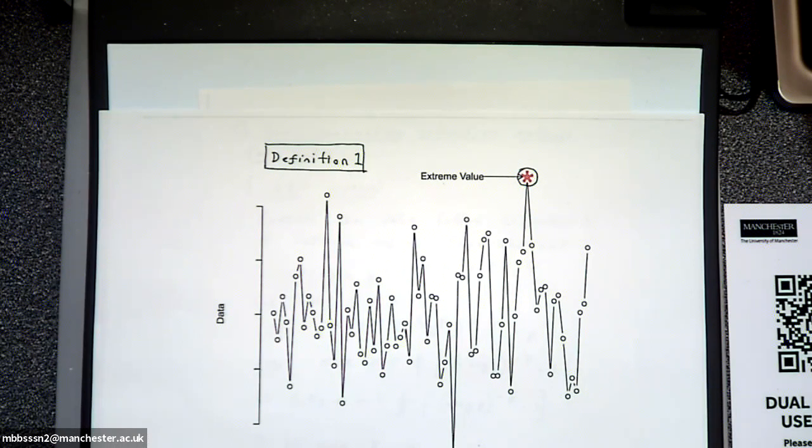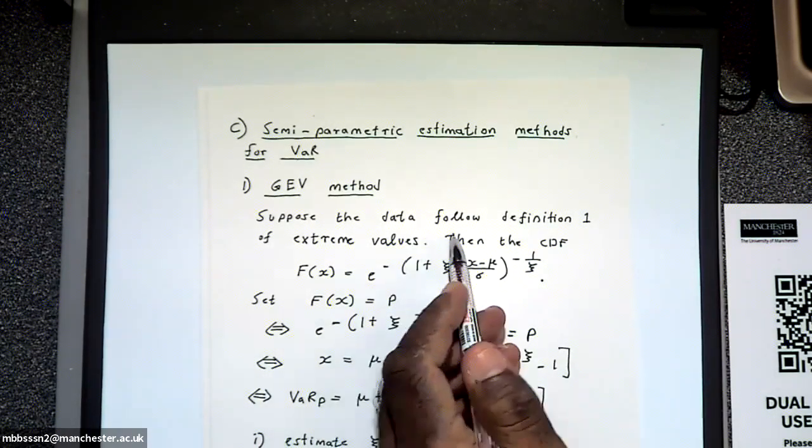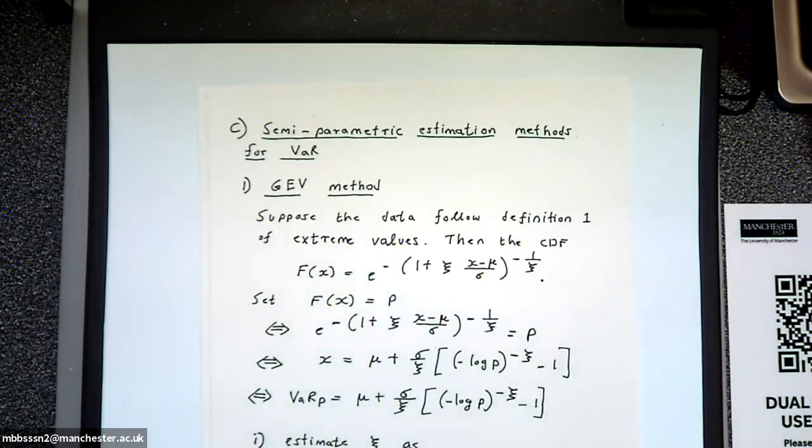If you have 20 years of data, you have 20 extreme values, because you pick only the largest or the smallest data point in every year. That's what I meant when I said the data follow definition 1 of extreme values.